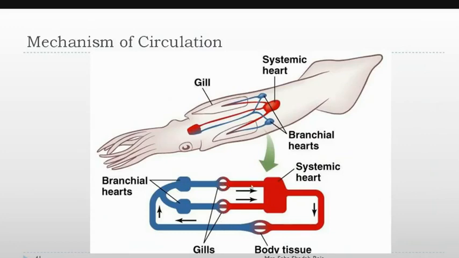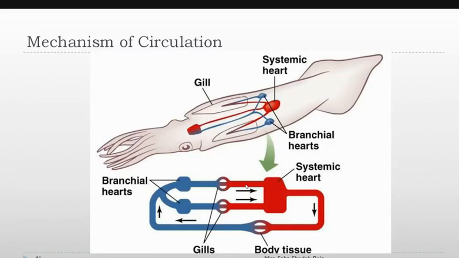From here that blood will go to the systemic heart, and we know what happens after that. Both the auricles will receive the blood from the gills, and the auricles will transfer blood to the ventricle, and this ventricle will give blood to the aorta.